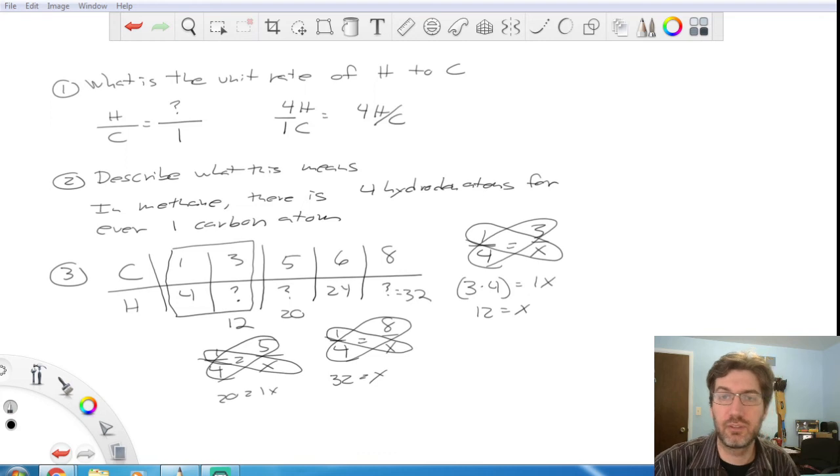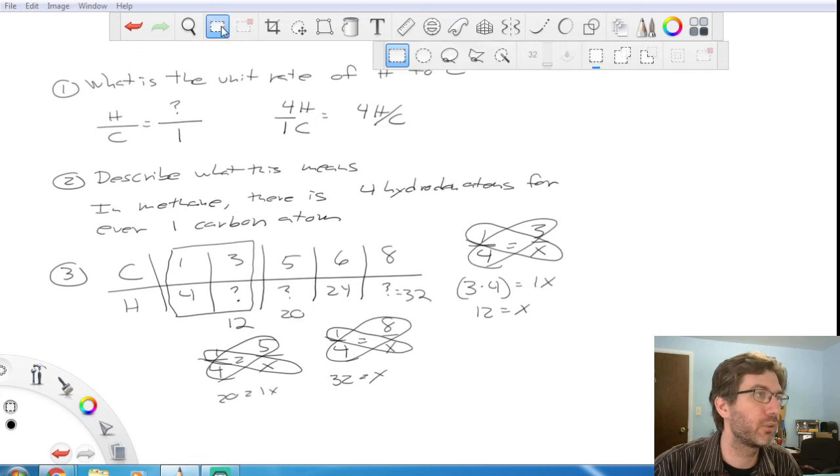Then it's going to say to graph the ordered pairs on the coordinate plane, label the x-axis carbon atoms and the y-axis hydrogen atoms. So really all what you need is 2 points from here.